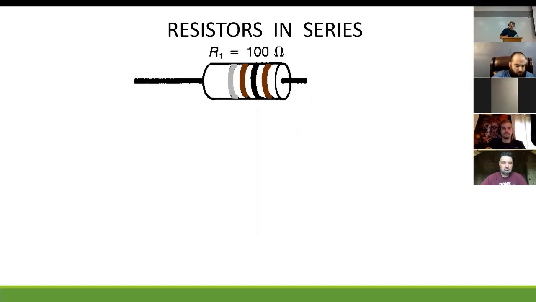Resistors in series. So now we're starting to review characteristics of series circuits. And this is important because when you get into real applications, your circuits are going to be series, parallel, or combinations, and you need to know and understand those characteristics so that you can effectively troubleshoot. Or if you're doing an installation, so that you don't get confused and wire something up in series instead of parallel.